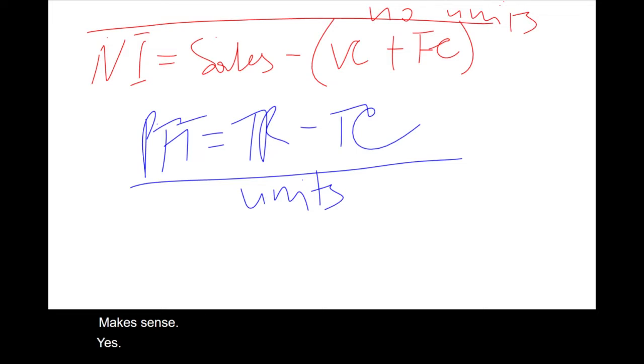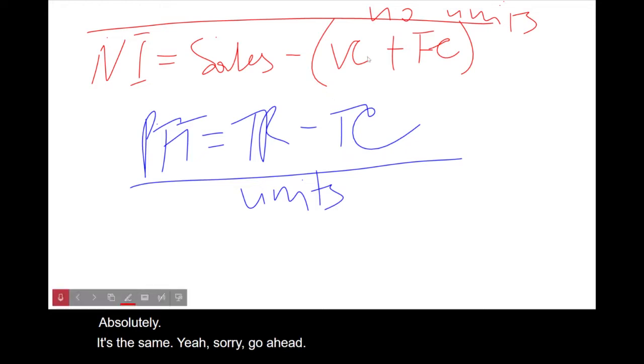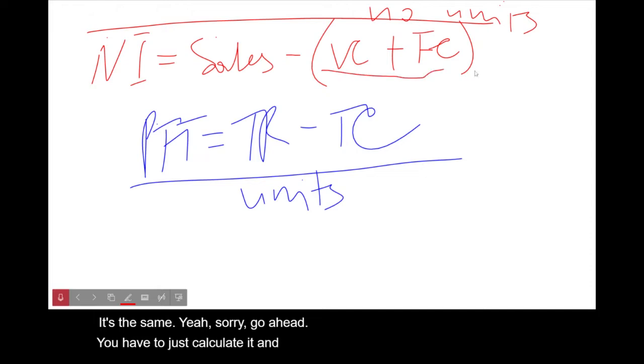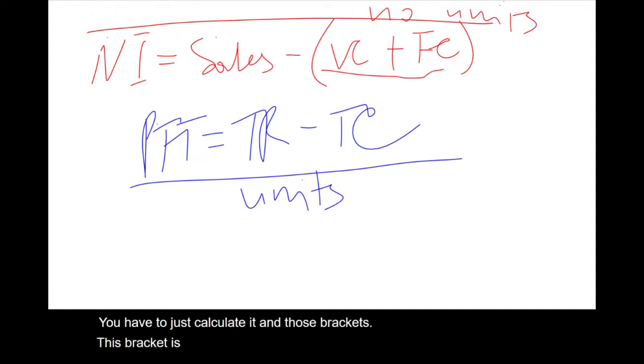In the one without the units, you cannot use total cost, you have to just calculate it. You have those brackets, calculate it. This bracket is total cost. Okay, makes sense.